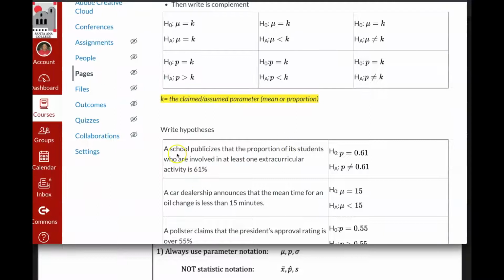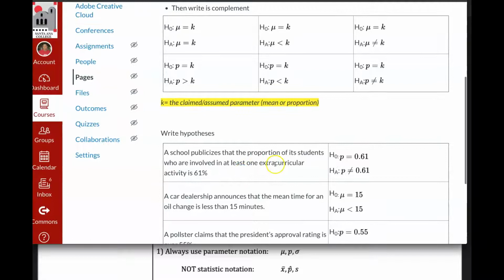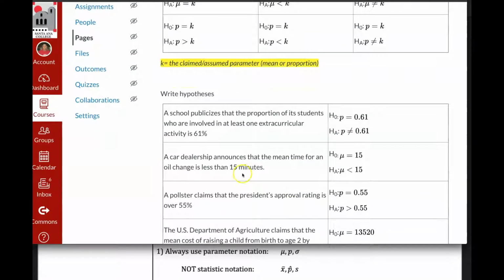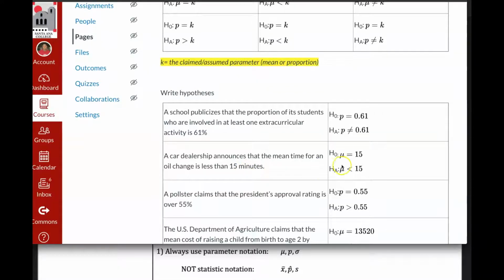Here's one specific example. A school publicizes that the proportion of its students who are involved in at least one extracurricular activity is 61%. So our null hypothesis is the proportion equals 0.61. The alternative is that it doesn't equal 61. A car dealership announces the mean time for an oil change is less than 15 minutes.